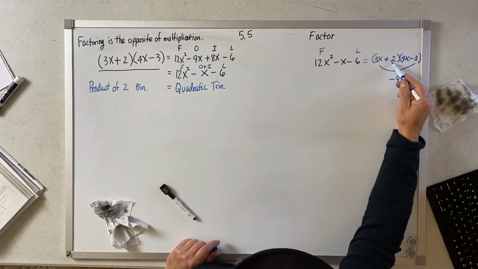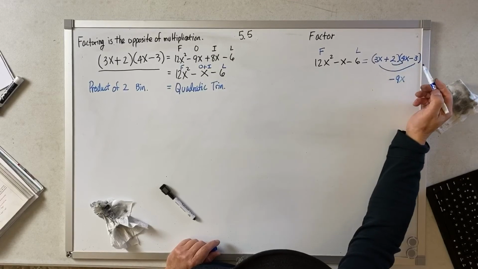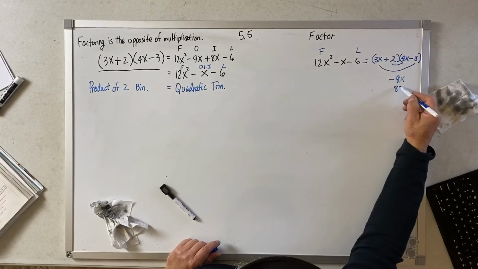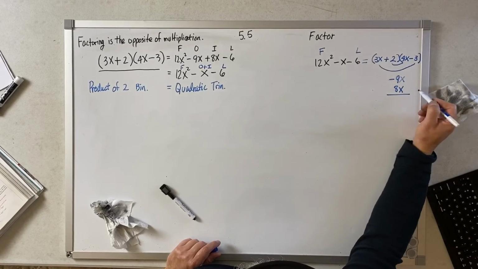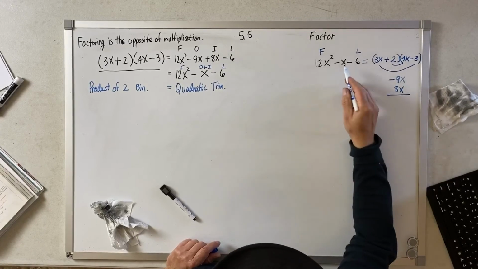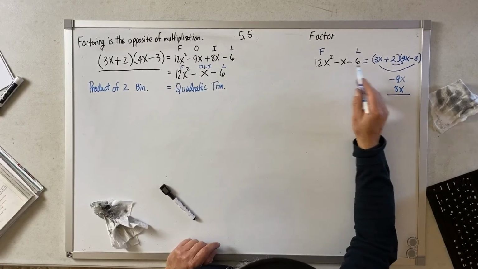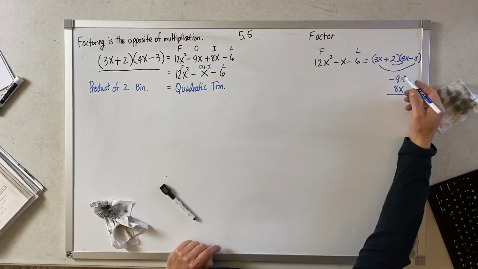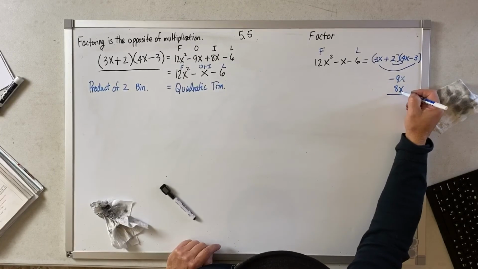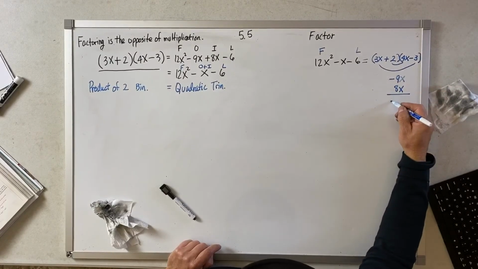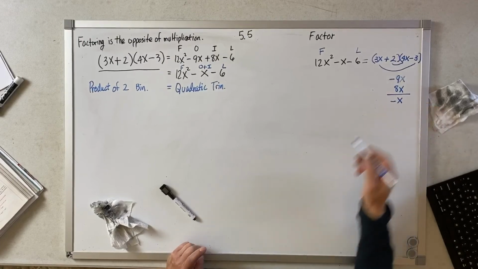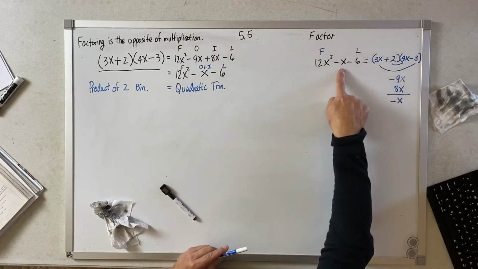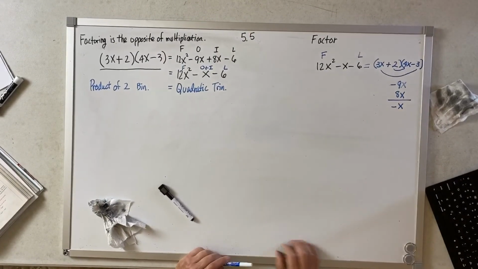And here is inner, and what is that? 8x. And you better get negative x. If you do not get negative x, then you have to rearrange these terms. What's negative 9x plus 8x? Negative x. And that's the right combination. Okay?